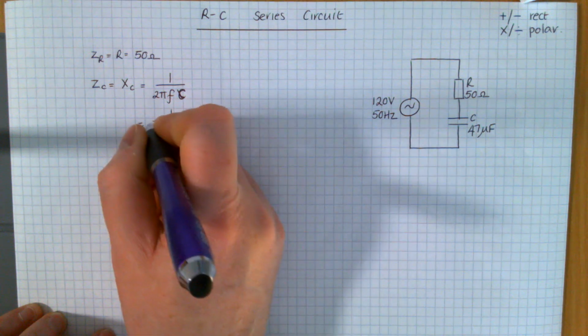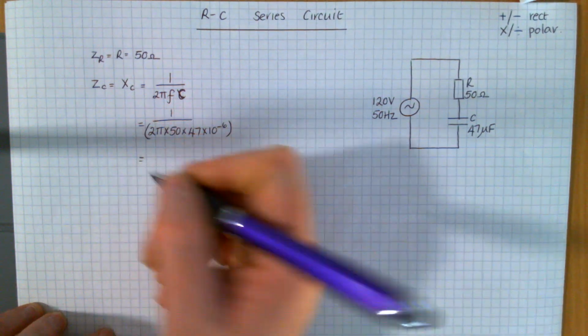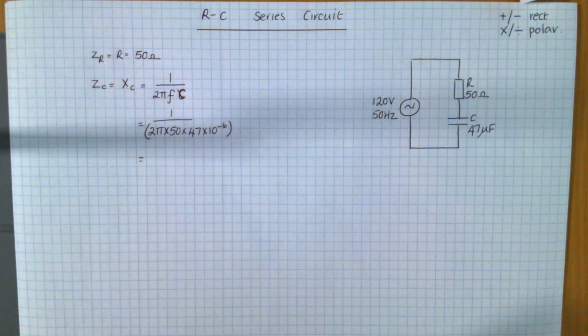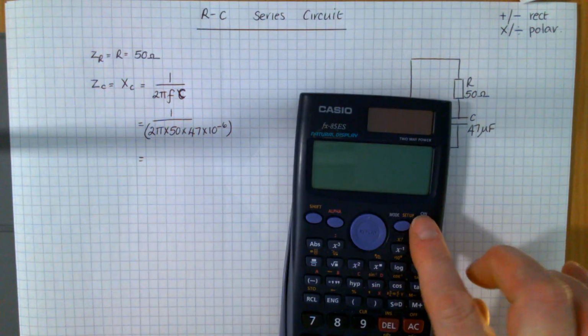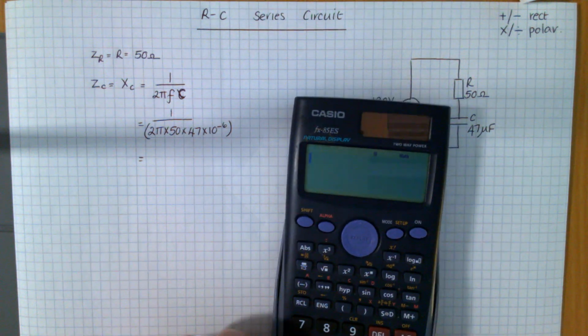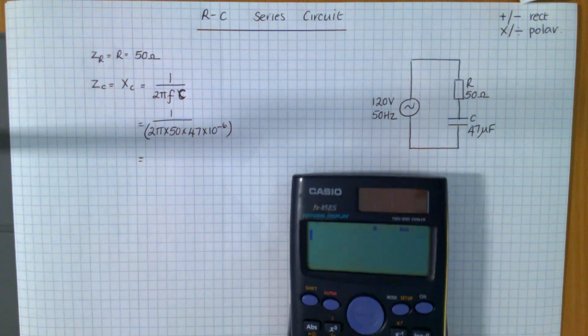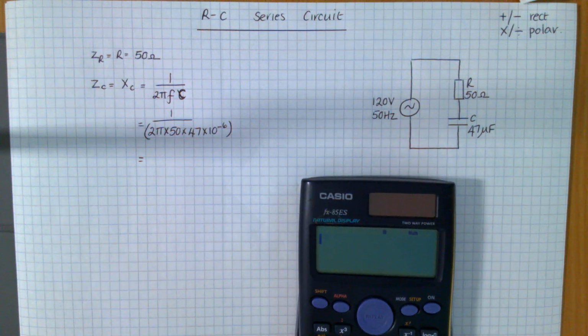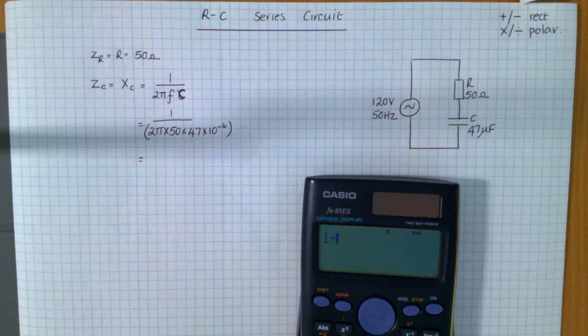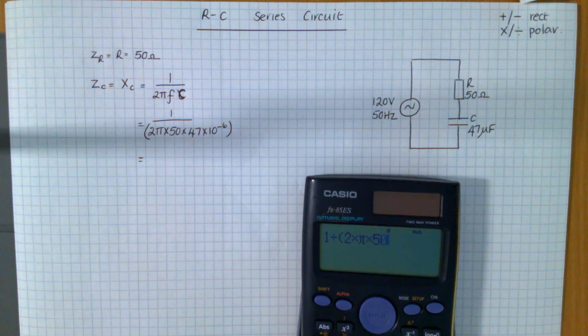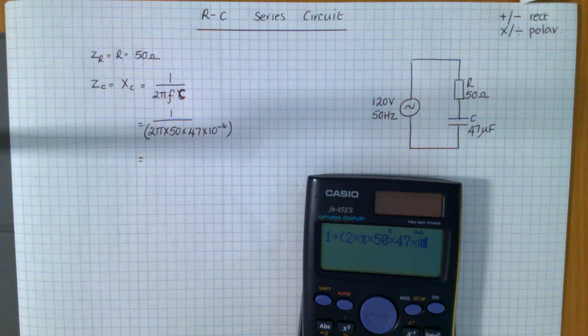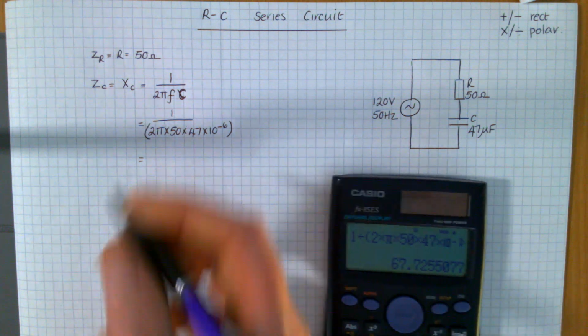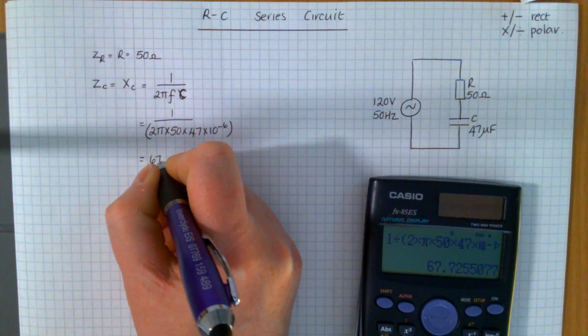If you're putting all that in your calculator in one go, put it in brackets. So that gets you 67.73 if you're going to 4 significant figures.